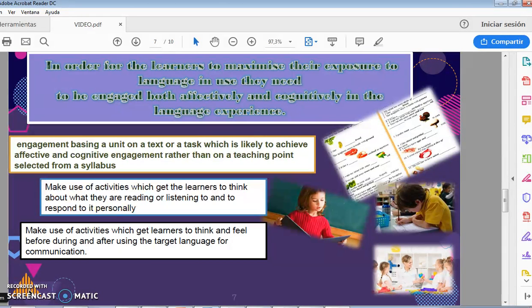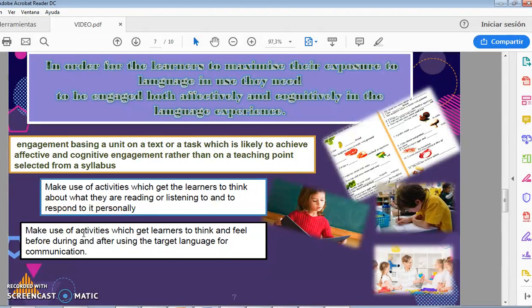In order for the learners to maximize their exposure to language input, they need to be engaged both actively and cognitively in the language experience.